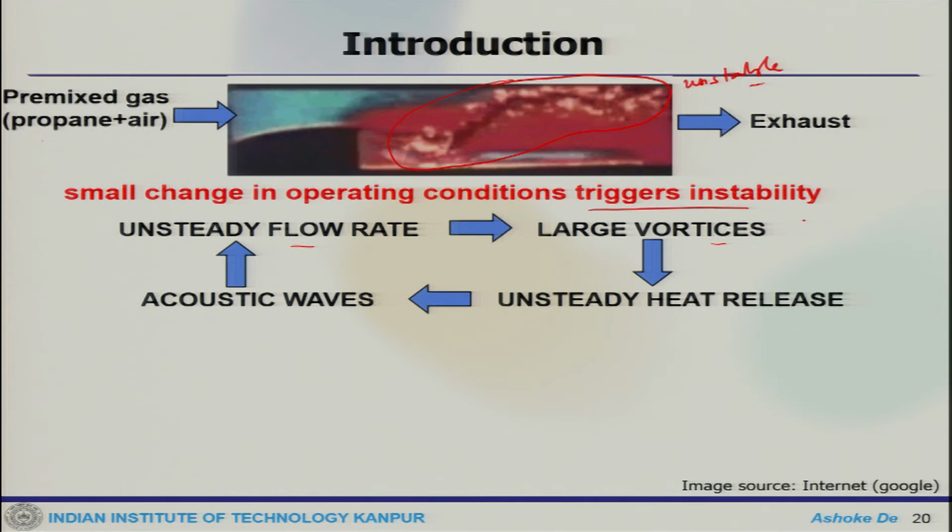Any turbulent flow will have large vortices, and we will see later, when we talk about turbulence, how these large vortices behave, their characteristics, scales, all sorts of different things, and that will lead to some sort of unsteady heat release.